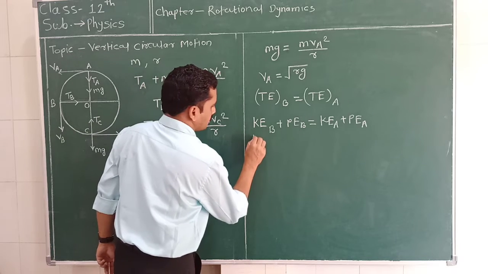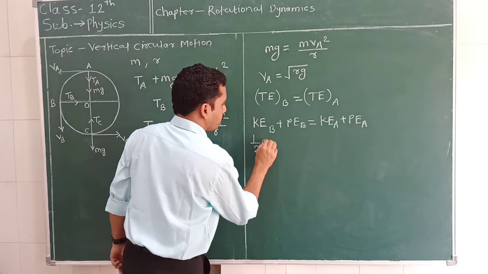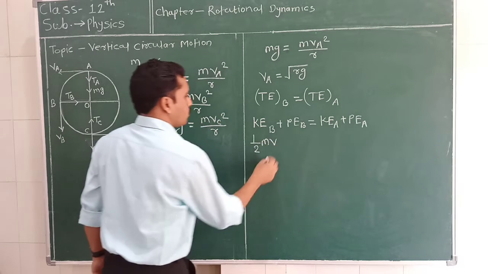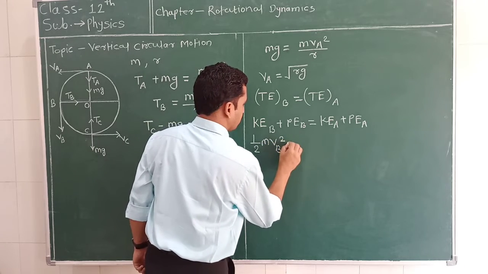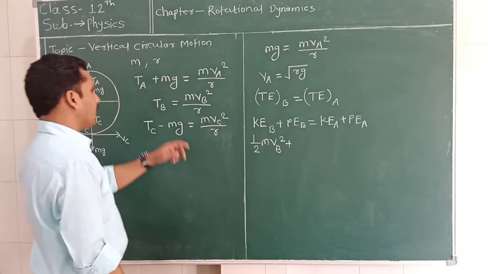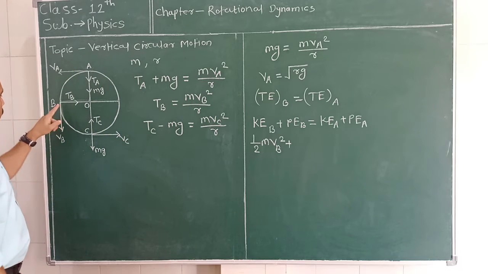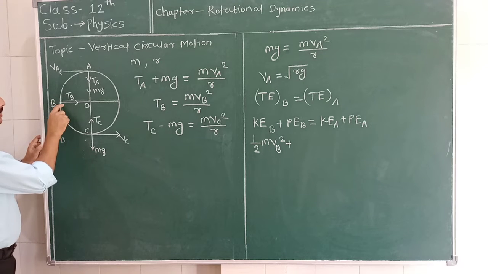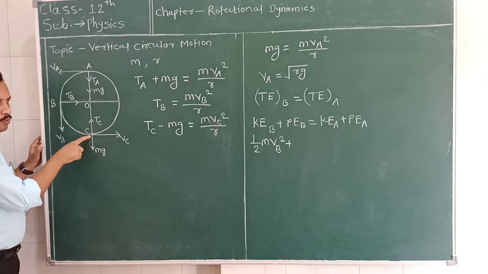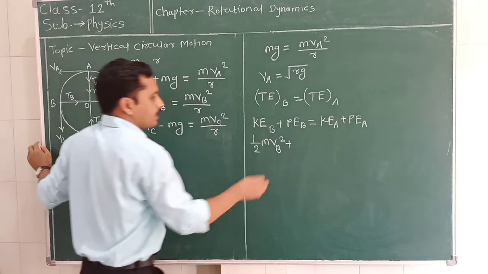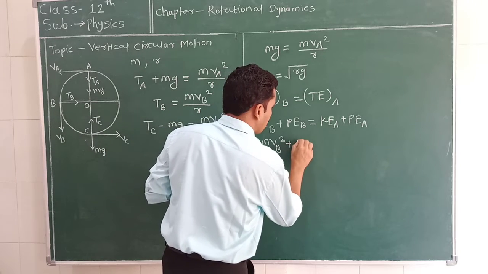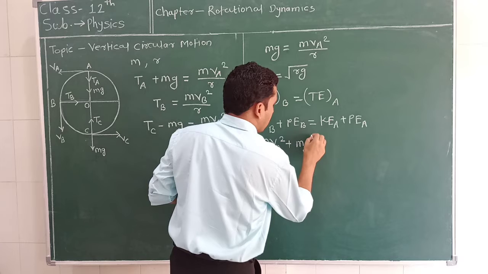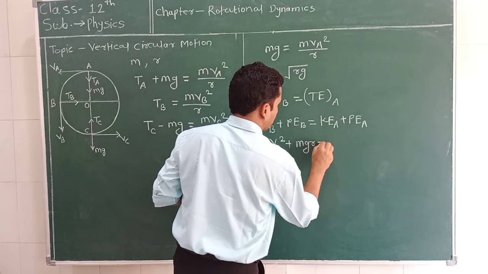We know kinetic energy is equal to 1 half mv square. Here it is equal to 1 half m vb square plus potential energy at point B. What is the potential energy at point B? This point B is at a distance r from the lowermost position. Therefore, we can write the potential energy is equal to mgh, which is equal to mgr.